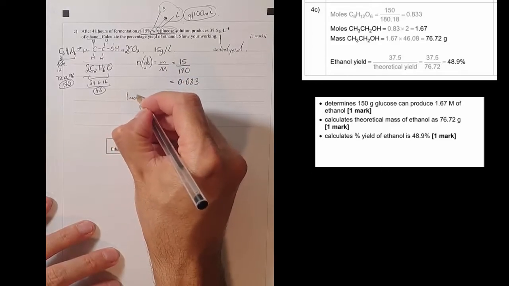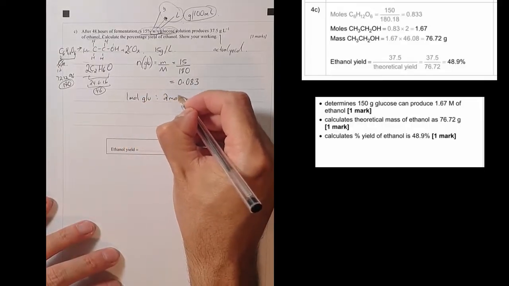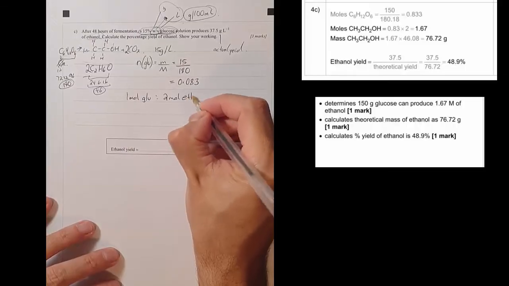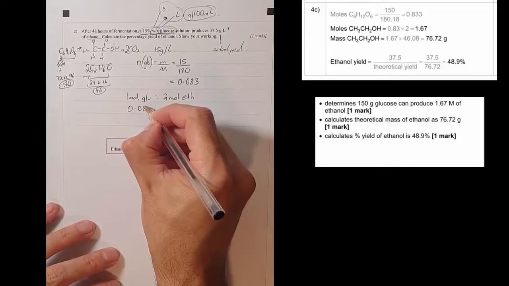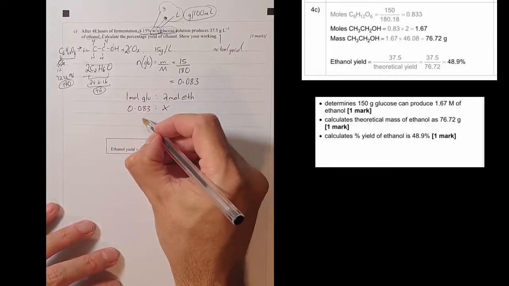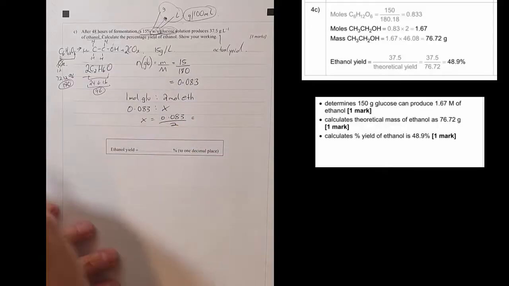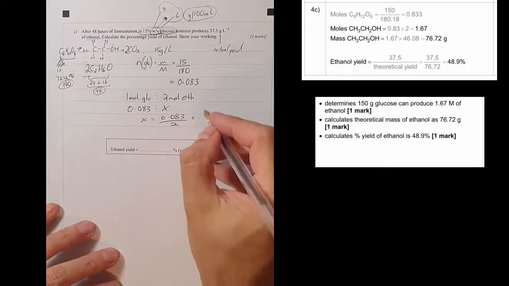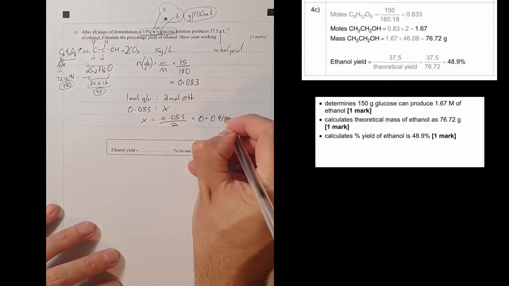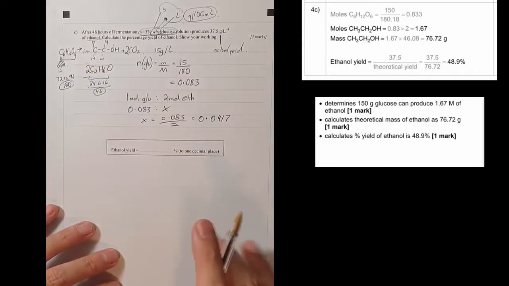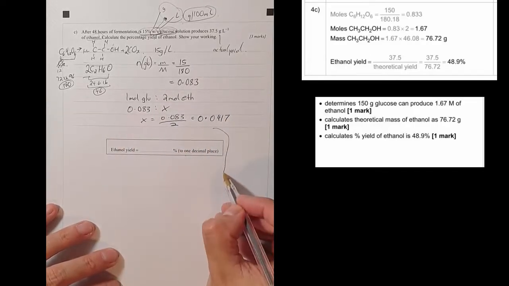So 1 mole of glucose is to 2 moles of ethanol. So 0.083 is to x, so x equals 0.083 times 2, which is 0.0417.